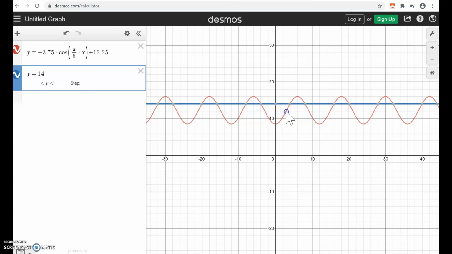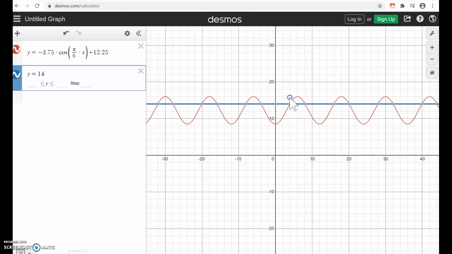When they solved the equation in the previous video, we got around 4 months. Right about there, the dot at 3.927, that's where we have the intersection, which means that at about 4 months, the cosine wave intersects with 14, meaning after 4 months, you have more than 14 hours of daylight.